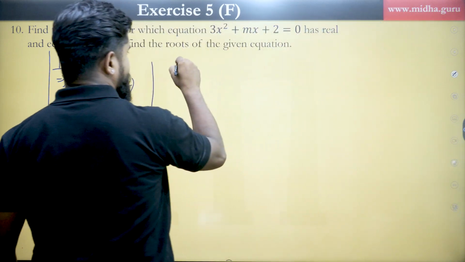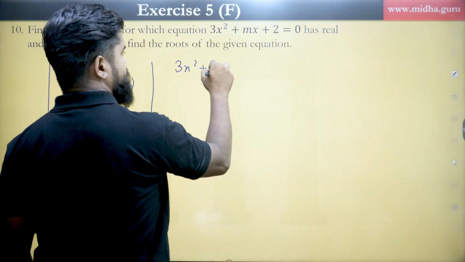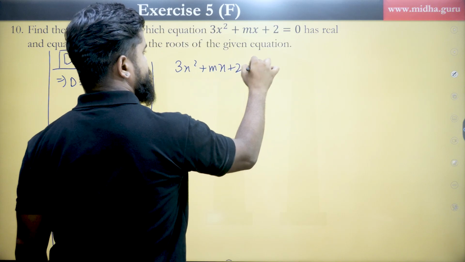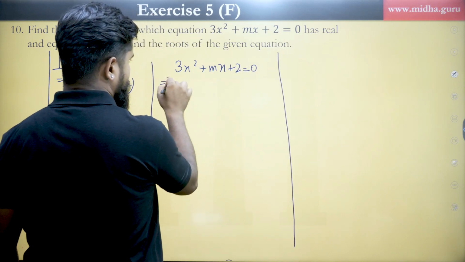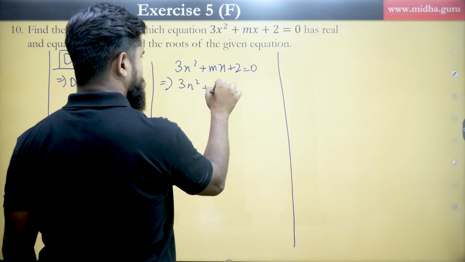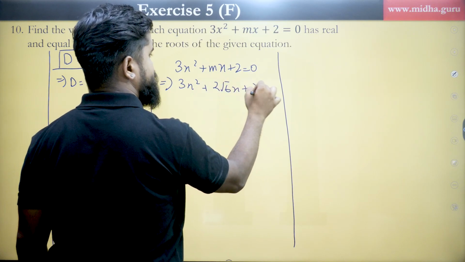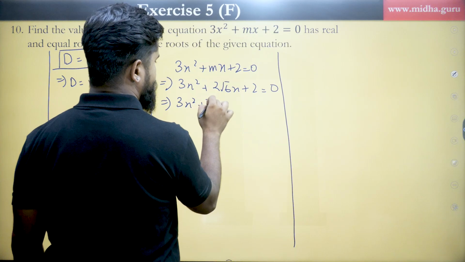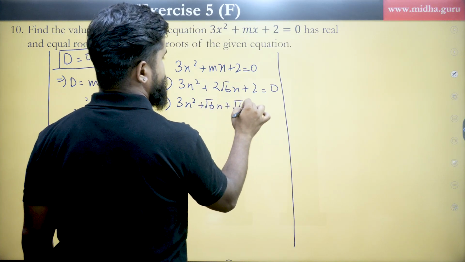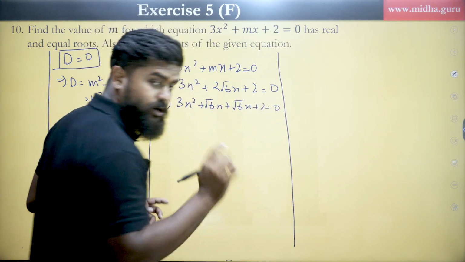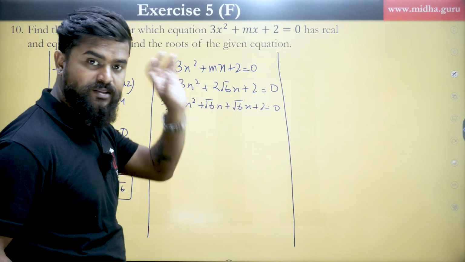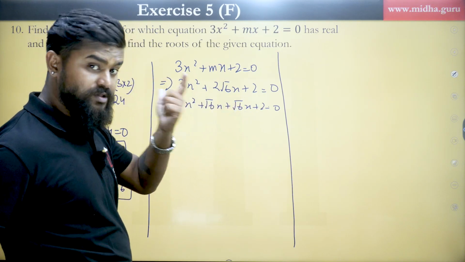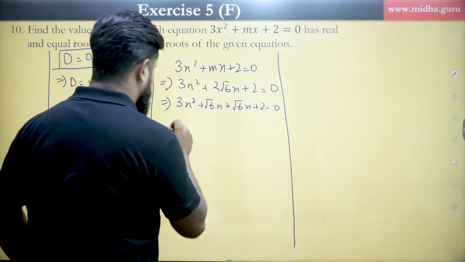So we have 3x² + mx + 2 = 0. It becomes 3x² + 2√6x + 2 = 0. So we'll split the middle term into √6x and √6x, because the product of a into c is 6 and we have √6 into √6, which also gives us 6.